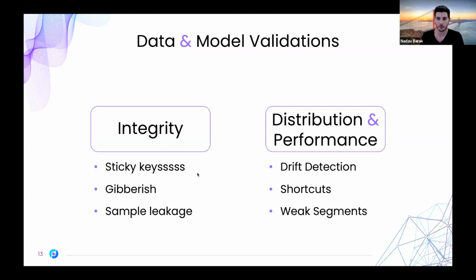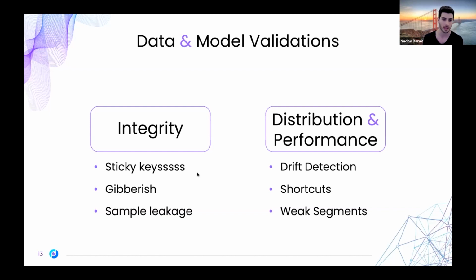The main difference between those two groups is whether or not we need to generalize in order to detect the issue. In integrity, for example, if we take a simple issue such as misspelled words, you don't need to look at a group of samples to detect whether a single sample has an issue.